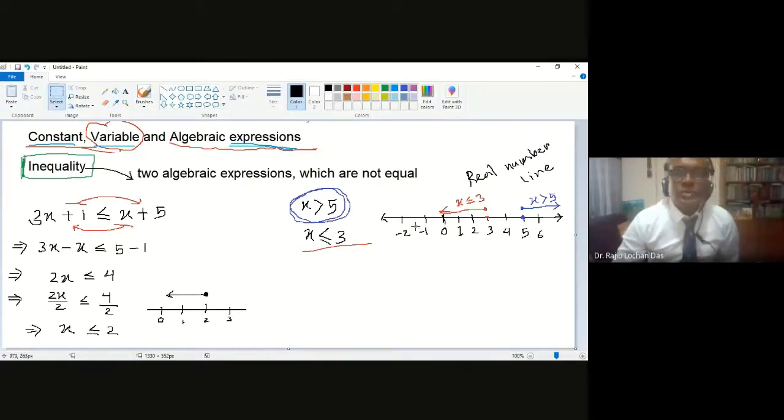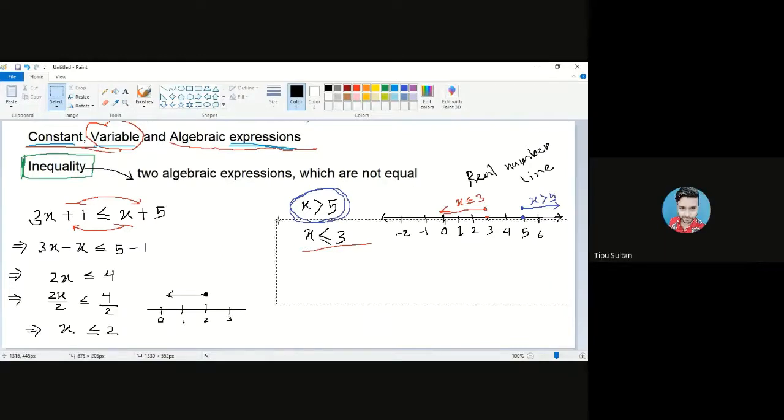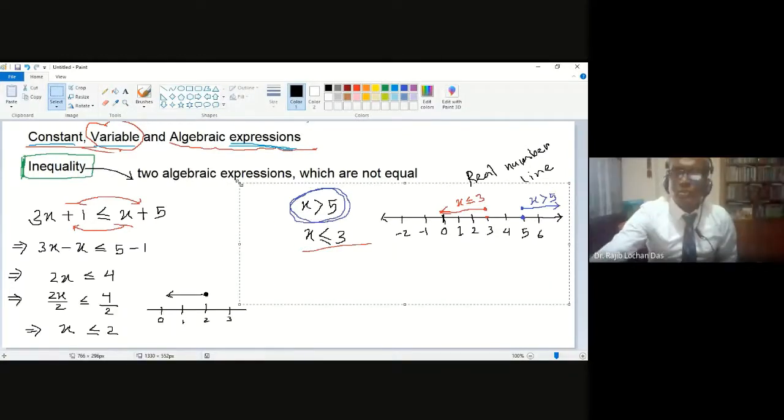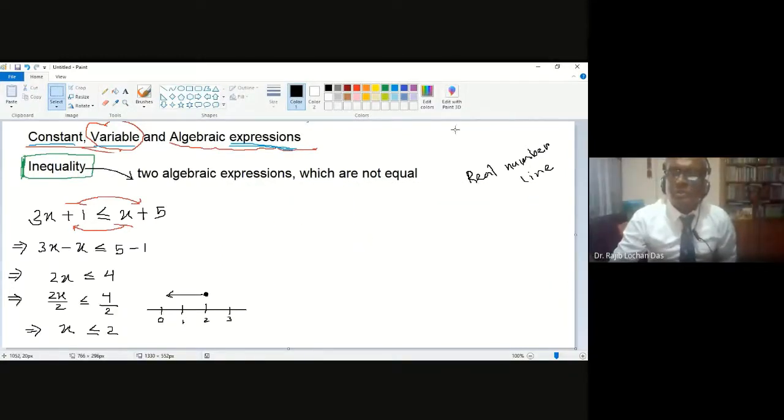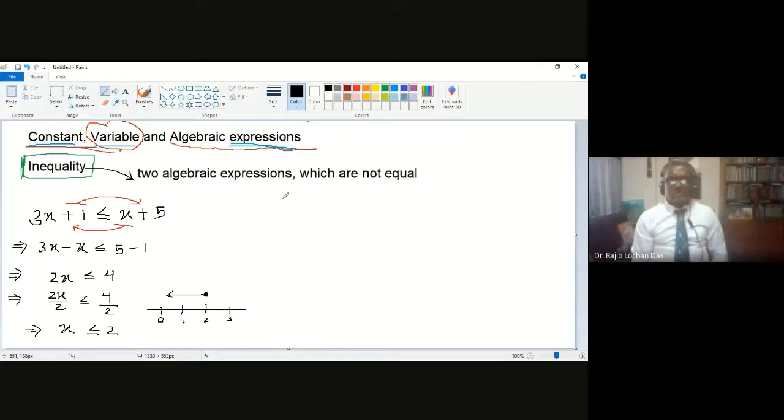Is that okay up to this? Yes, sir. Let me show you more examples, then you will understand. So another example is, say I'm writing 2x minus 7 is greater than 5x plus 1.